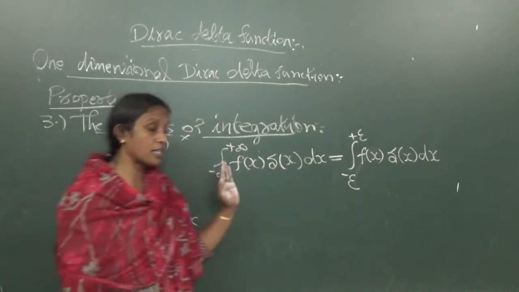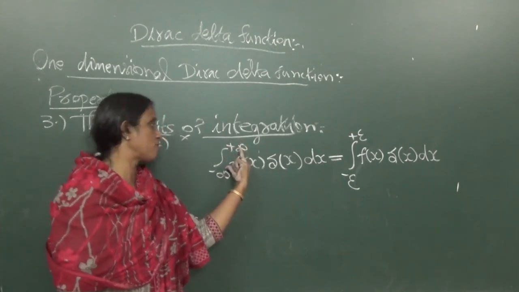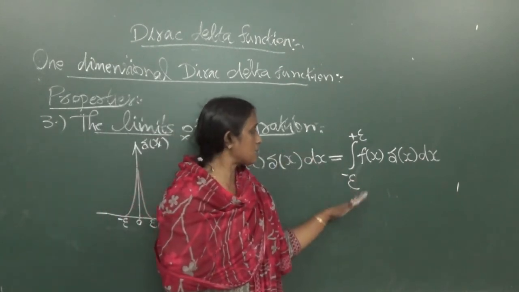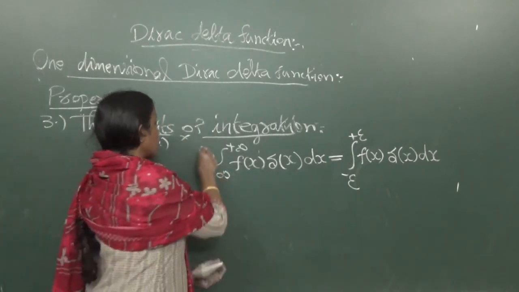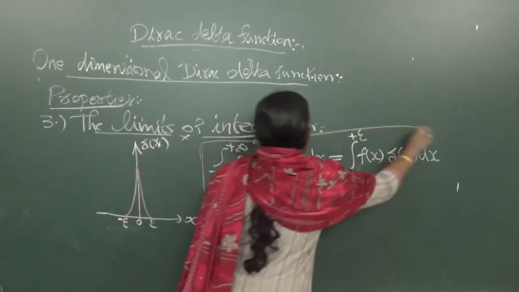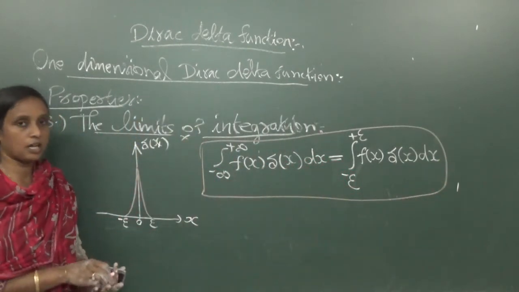So, you can replace the integration limits from minus infinity to plus infinity to minus epsilon to plus epsilon, where minus epsilon to plus epsilon represents the width of the Dirac delta function.